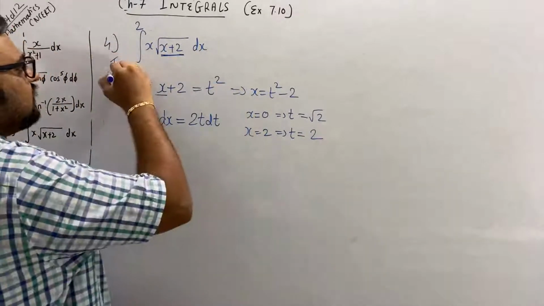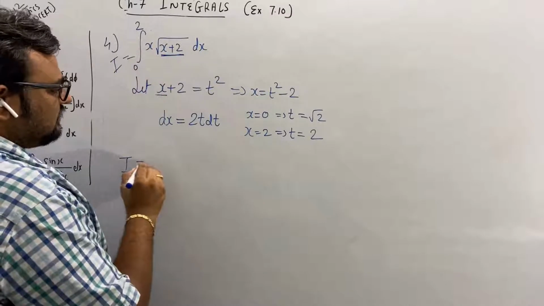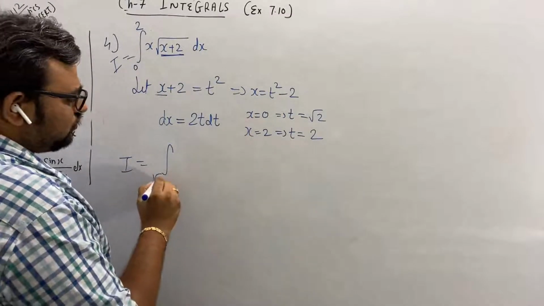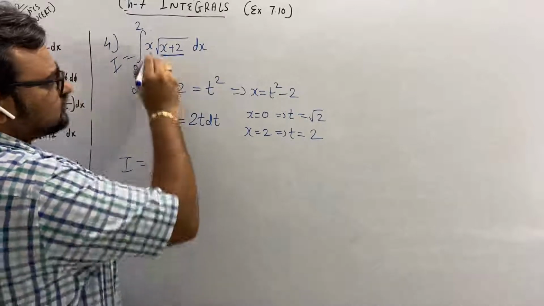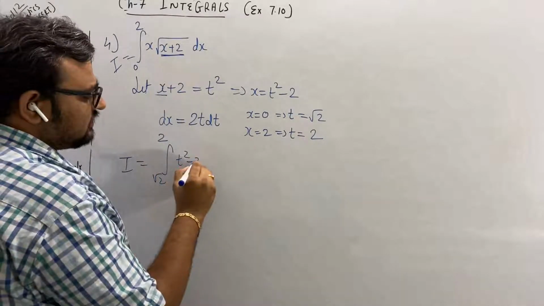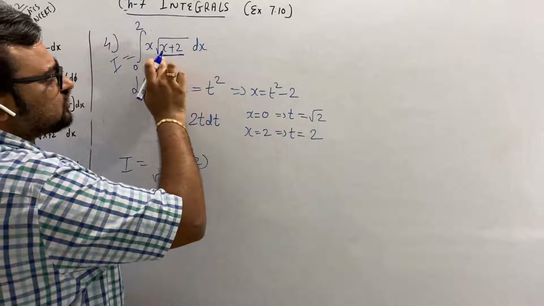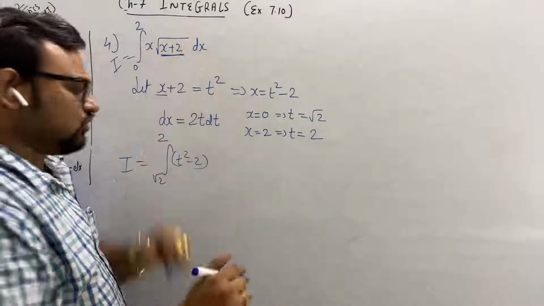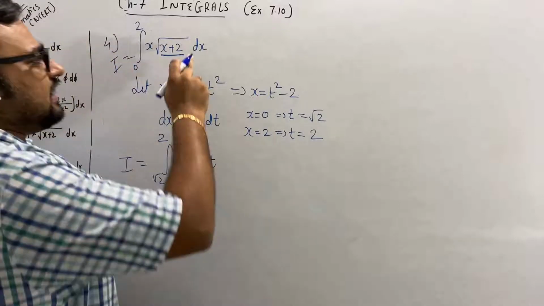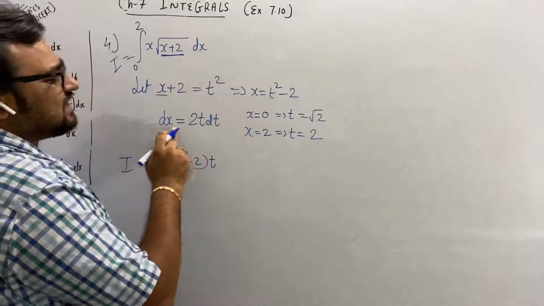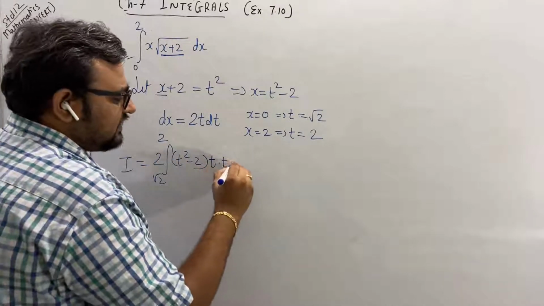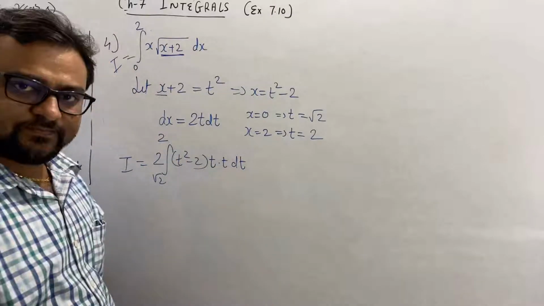So now replacing here, I get root 2 to 2, instead of x, t square minus 2, instead of x plus 2, t square and square root t, and instead of dx I get 2t dt. So 2 again t dt.